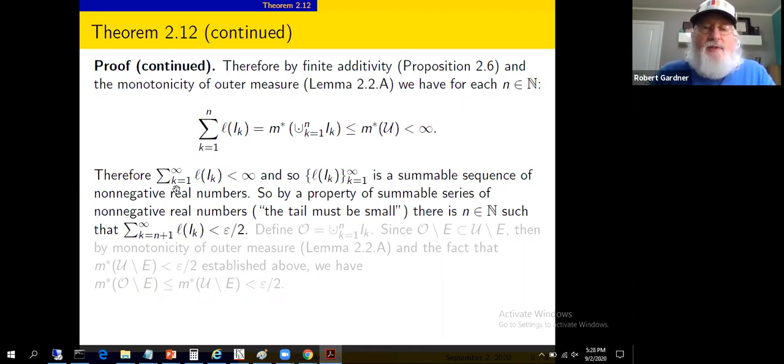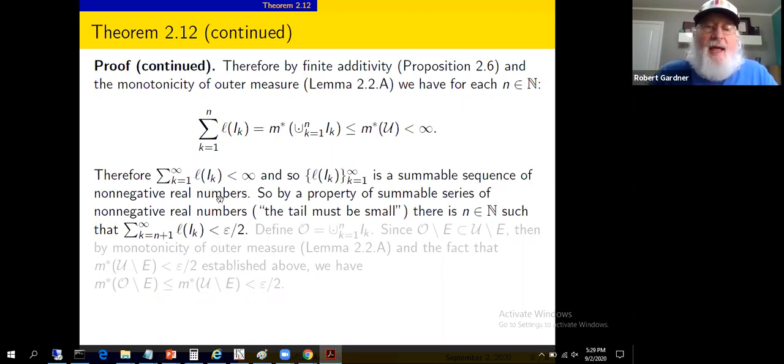So we've got a series of non-negative real numbers which converges. That's a summable sequence of real numbers. And the only time you get a series to converge is when the tail of the series is small, a property from calculus 2 about summability of series.